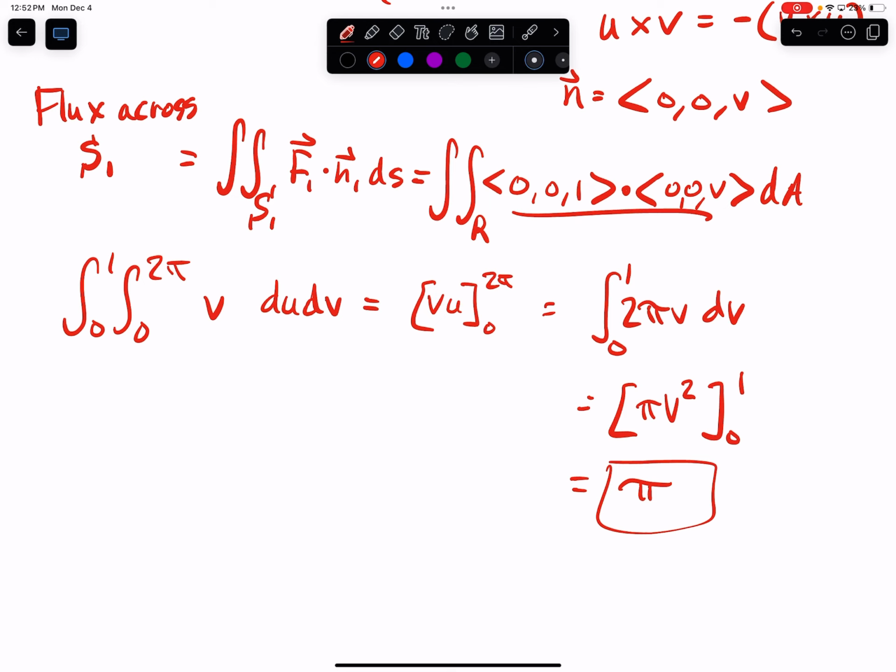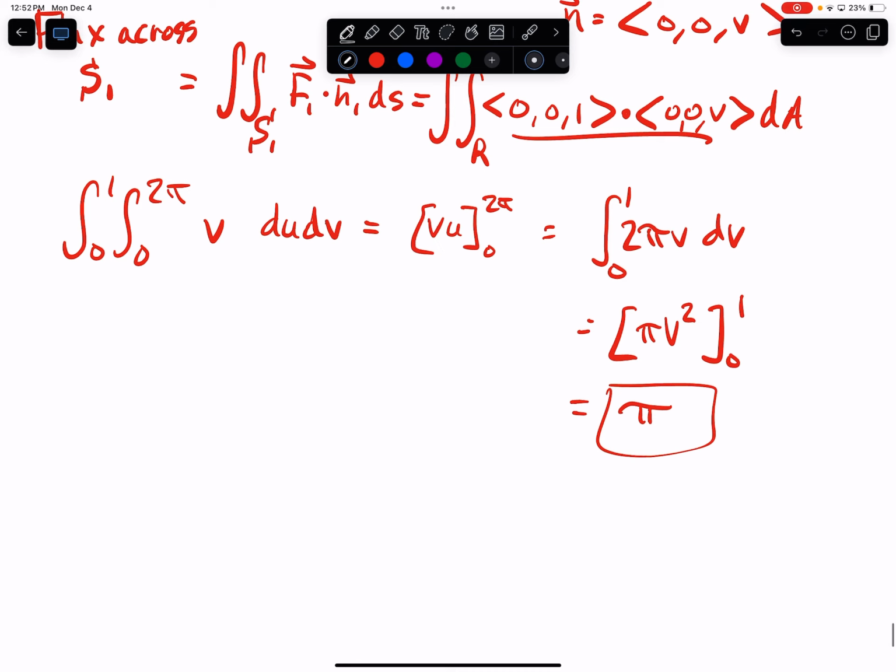Okay, that flux. Now, for the other surface, the bullet part, the paraboloid, what was the paraboloid? Z equals 1 minus x squared minus y squared, for z greater than or equal to 0. So that boundary is still the same as that unit circle, right?